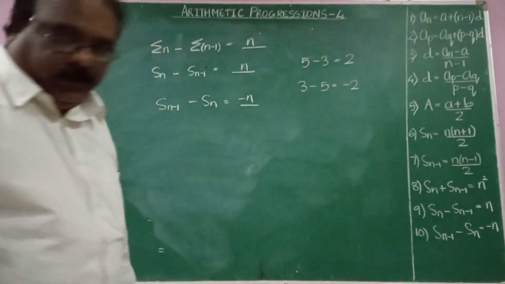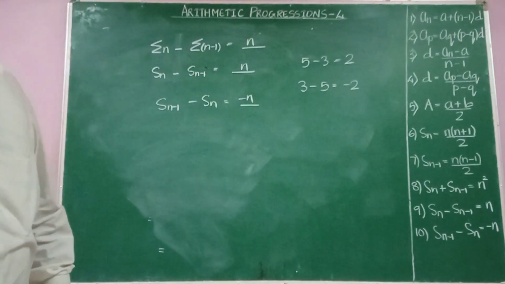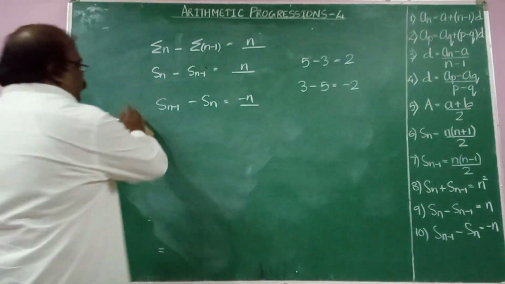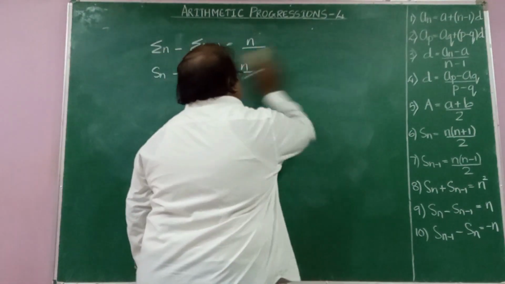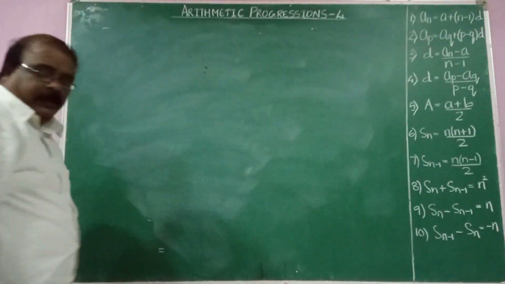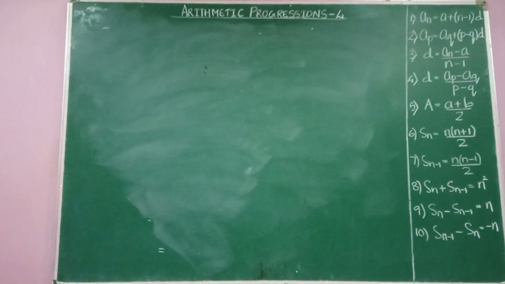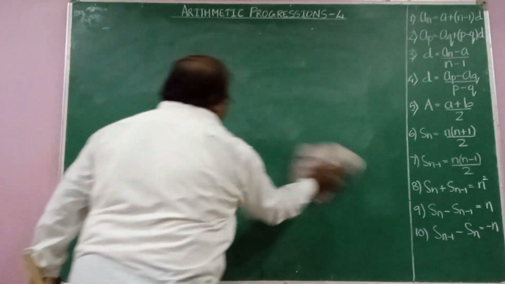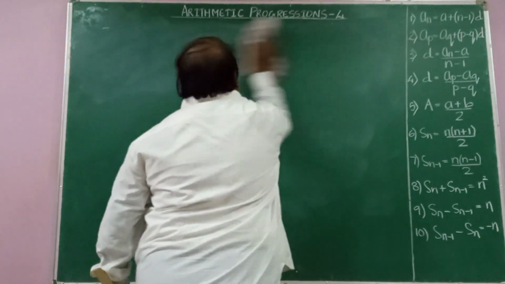Right? Now we come to the next unit, and here I will be teaching you another formula. Here I am going to teach you how to find the sum of the first n terms of a given arithmetic progression.